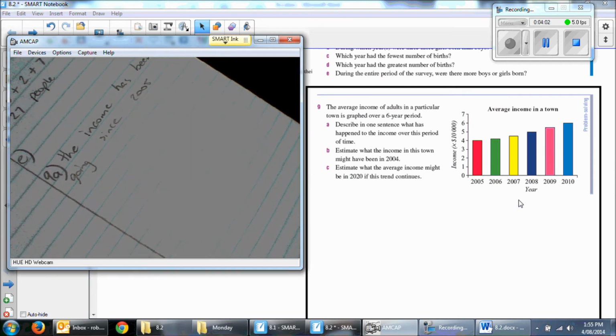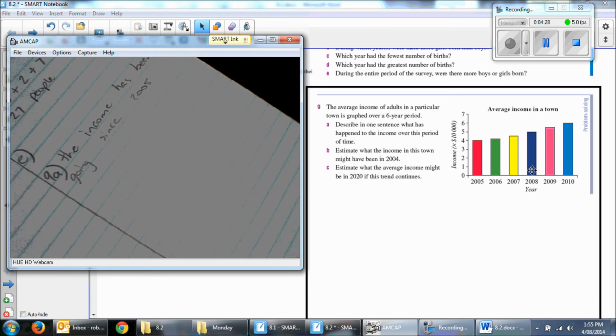In B it says estimate what the town income might have been in 2004. Well, in 2004, obviously it would have gone down a little bit, so I'm going to say it's probably going up. If we have a look here, it got to 50,000 in the year 2008, which means that it took 4 years for it to go from 40,000 to 50,000.